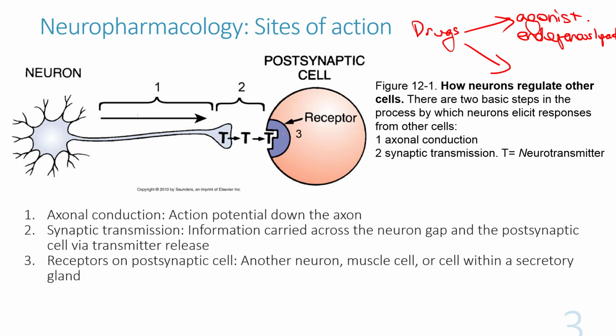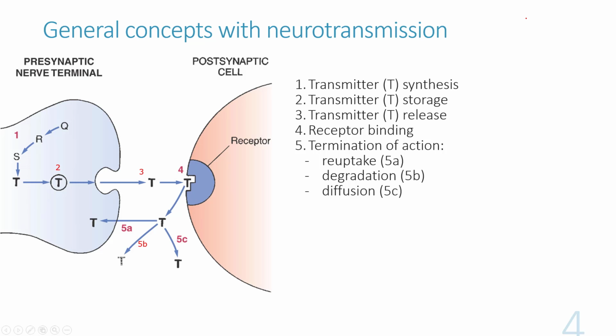So if this is the heart, and the endogenous ligand or the transmitter increases heart rate, the drugs can either be an agonist and act similarly to the endogenous ligand, or it can be an antagonist and block the activation of the receptor. So an antagonist in this sense would actually decrease heart rate, whereas an agonist would increase heart rate. All right, let's get going.